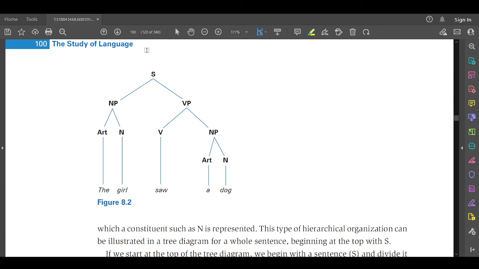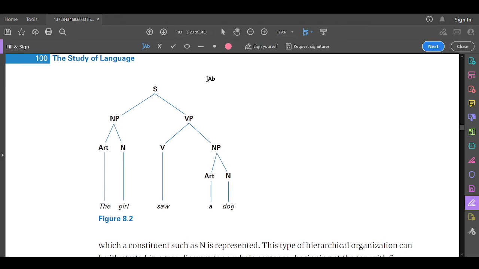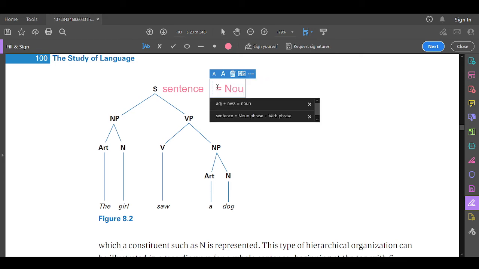We have a sentence. I'll write it here to give you an idea and to review what we've taken. S stands for sentence, right? You remember what we said: a sentence equals NP plus VP, a noun phrase and a verb phrase.